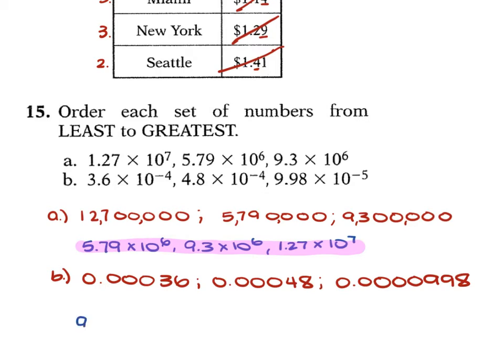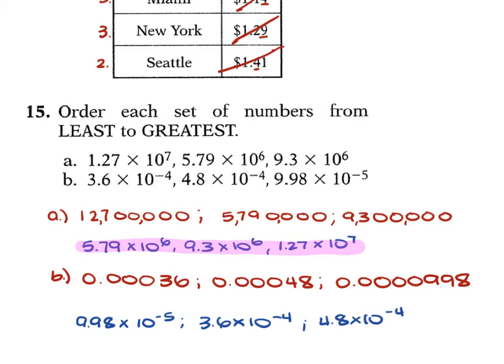So we're going to have 9.98 times 10 to the negative fifth first. Then we have 0.000 for both numbers, 3.6 and 4.8. The lesser of the two is the 3.6, so that 3.6 times 10 to the negative fourth would go in the middle, and the last number would be the 4.8 times 10 to the negative fourth.